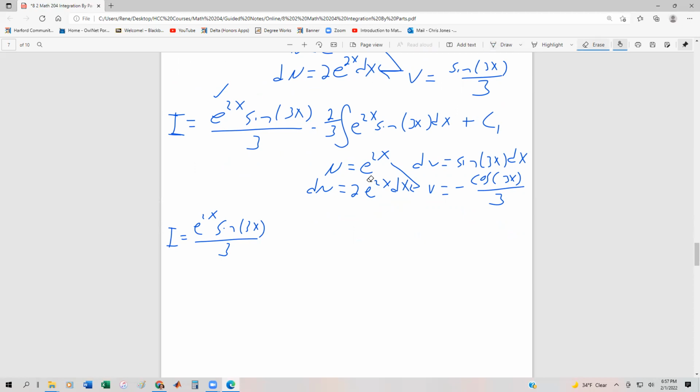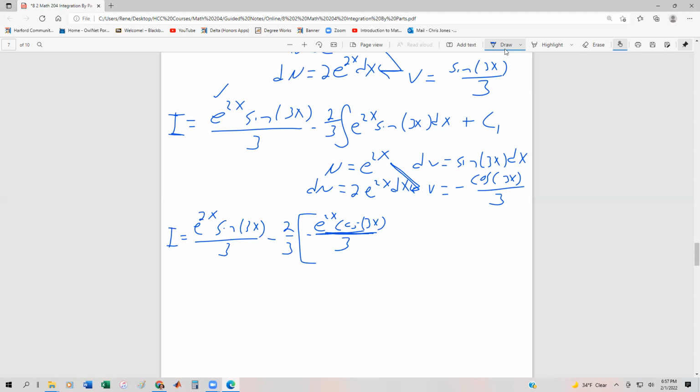I still have a negative 2/3, and I'm just going to drop that down, it's going to stay outside. And we're going to use our formula, uv minus the integral of v du. So this is now going to be negative e to the 2x cos 3x divided by 3.